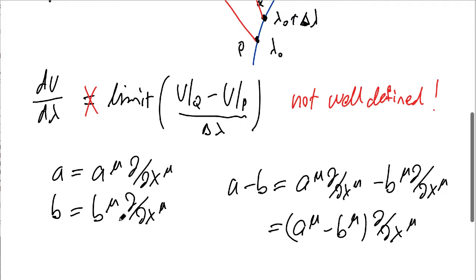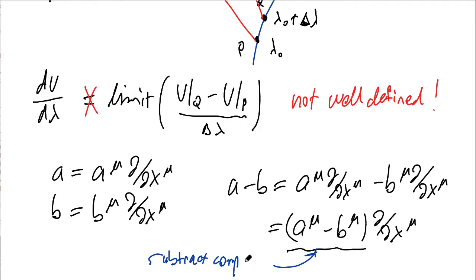So we see to subtract two vectors that sit at the same point, we just simply subtract their components. We can factor out d by dx mu because these vectors sit at the same point. It's the same d by dx mu, assuming that A and B sit at the same point.